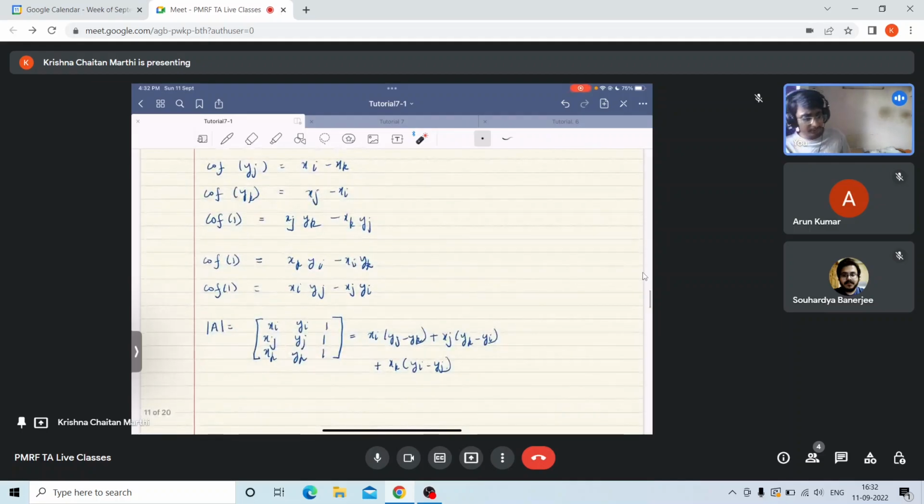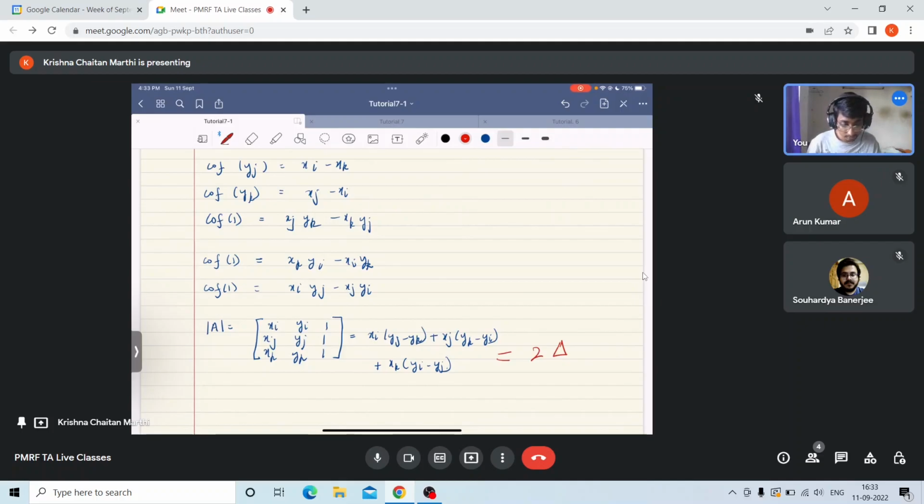And what is the determinant of A? It is the determinant of this matrix, which can also be written as 2 times the area of the triangle, or 2 times delta, where delta is the area of the triangle.